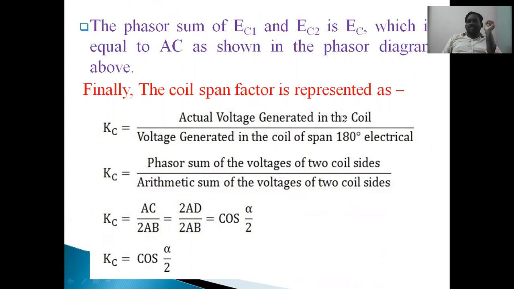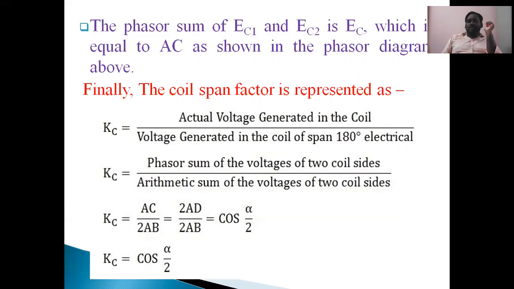The actual voltage is a phasor sum, because there is a phase difference between the two coil side voltages. For the full pitch coil there is no phase difference, so that is an arithmetic sum.